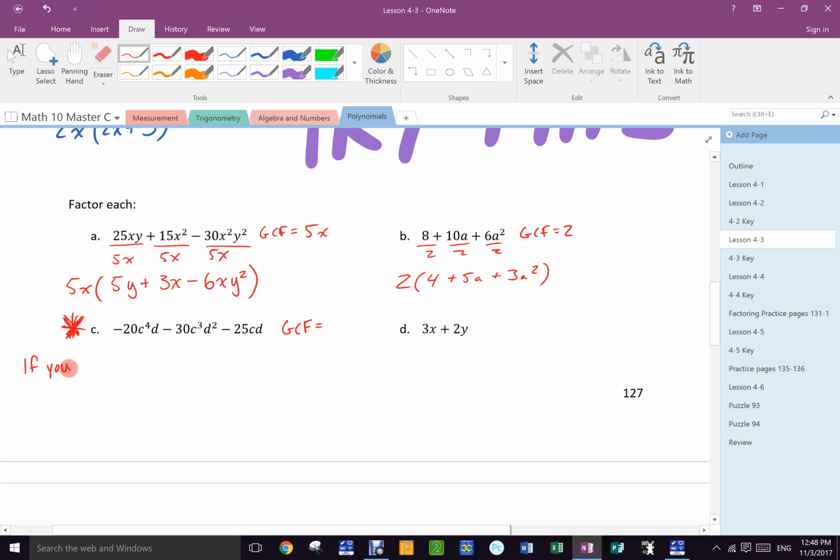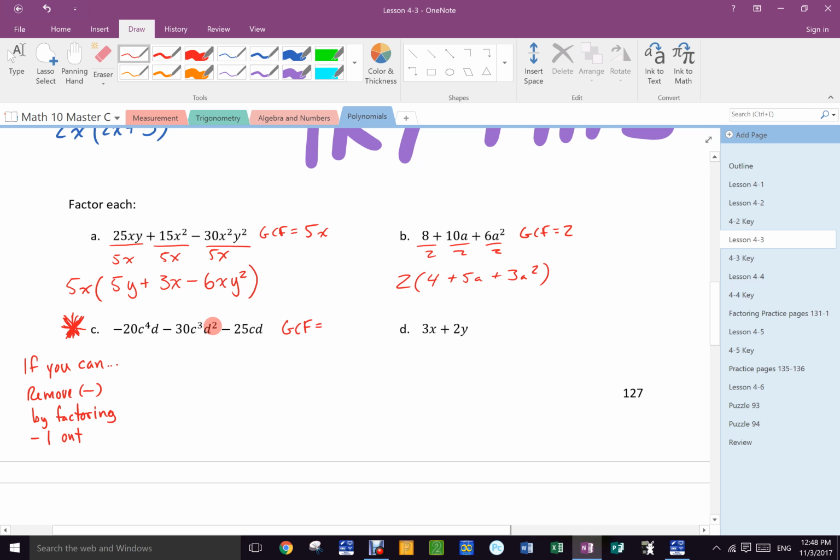If you can, remove negatives by factoring -1 out. So looking at this, you see that negative at the very beginning, and you see they're all negative? We want to get rid of that negative.